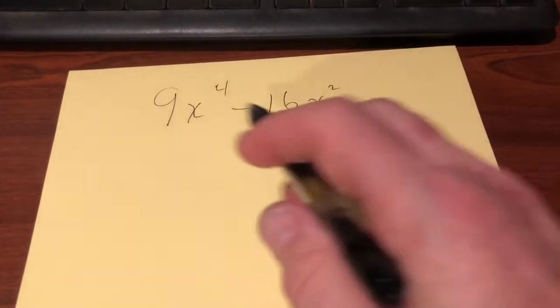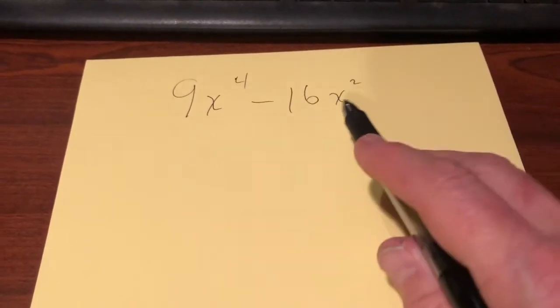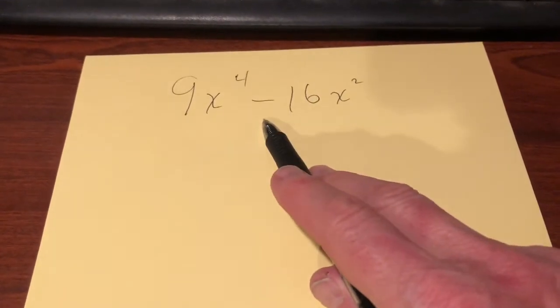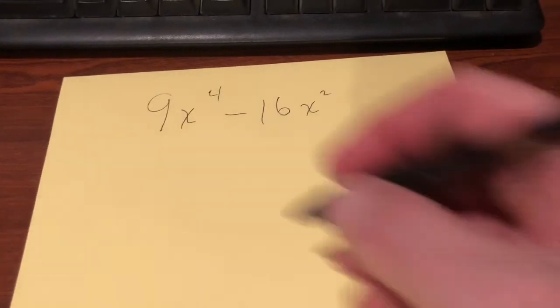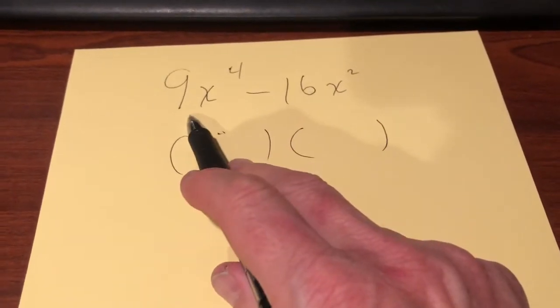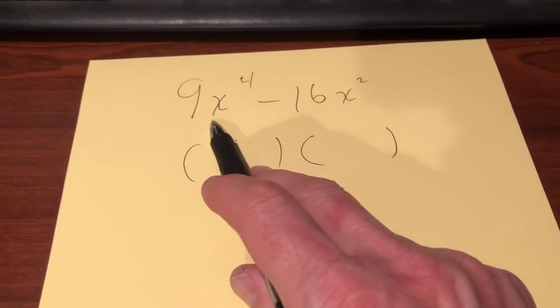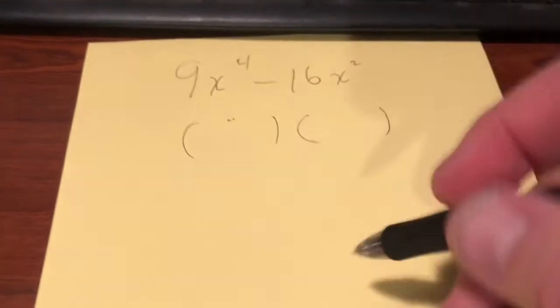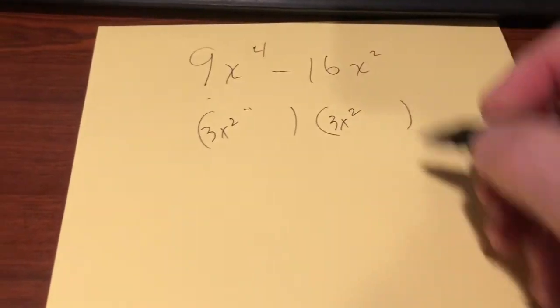So the point being is, if you have a binomial, and this is a perfect square, and that's a perfect square, and you have a minus in between, it's a special example for factoring where, pretty simply, we just go like this. Okay, well, what two factors, again, perfect square, would be equal to 9x to the fourth? So we would put 3x squared and 3x squared.